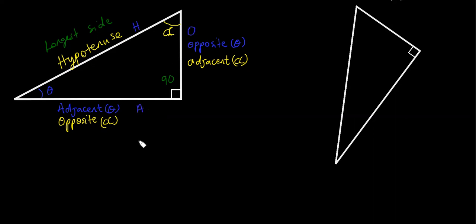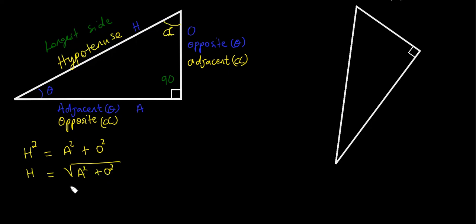Now, if we look at these three sides, how are they related in terms of length? Hypotenuse squared is equal to adjacent squared plus opposite squared. If you want to leave the hypotenuse on its own, it will be the root of adjacent squared plus opposite squared.